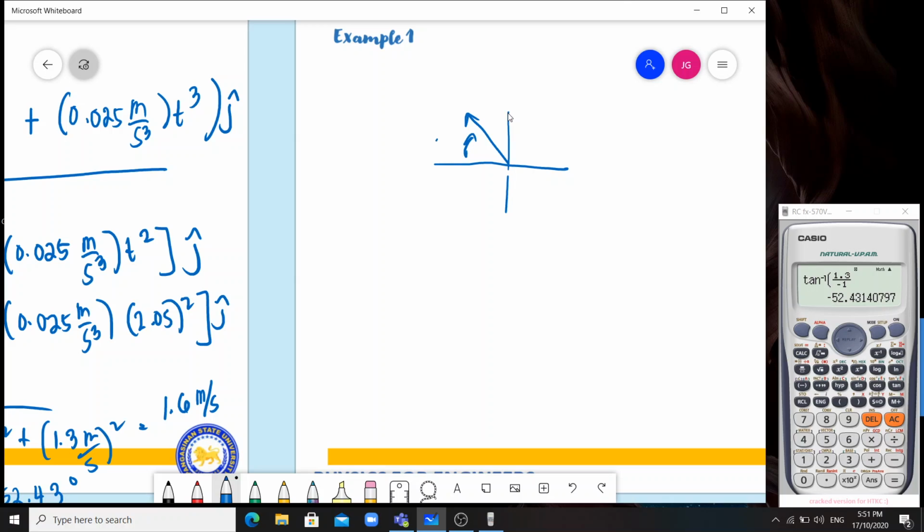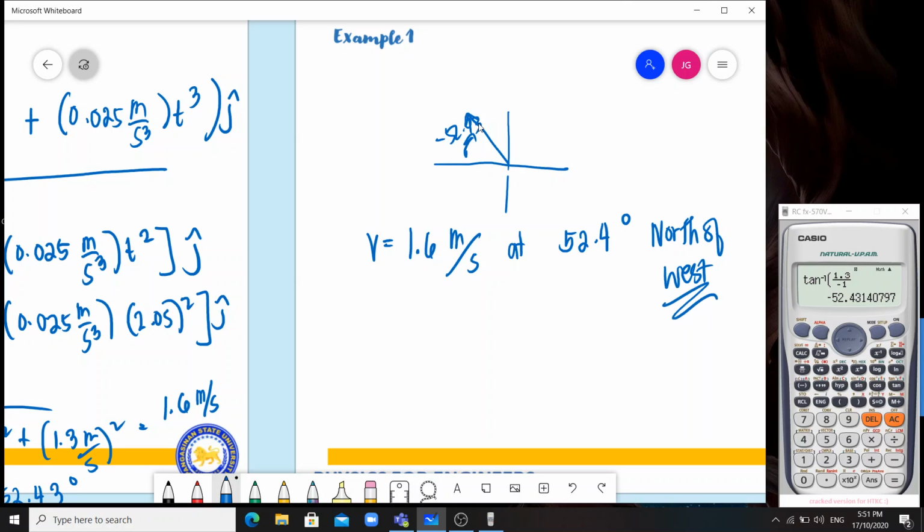And then negative 52.43. So, our velocity is 1.6 meters per second at 52.4 degrees north of west. So, that's how it is.